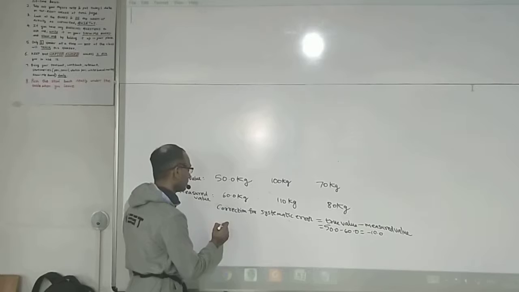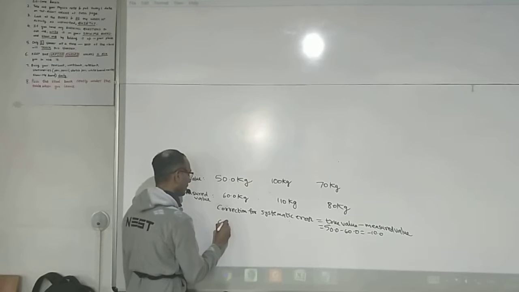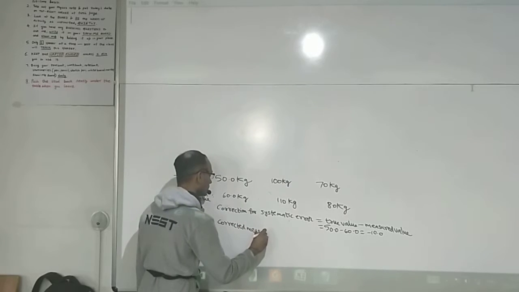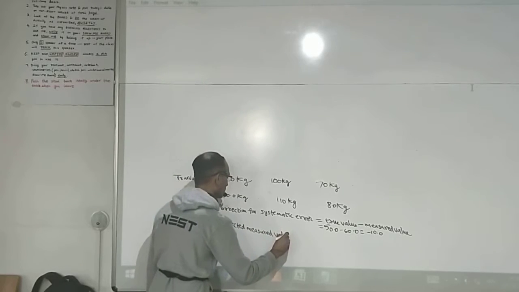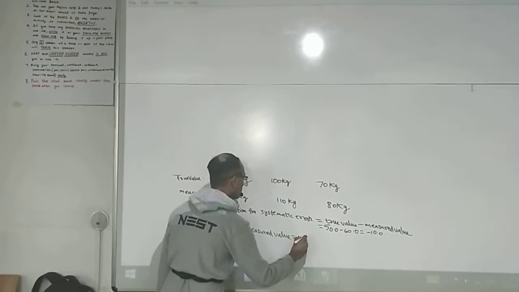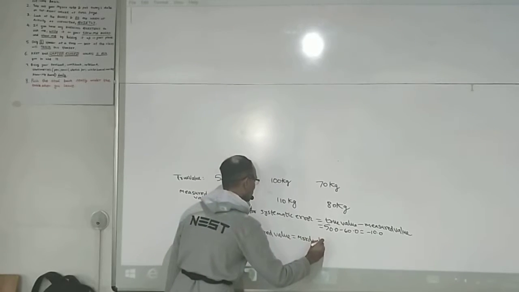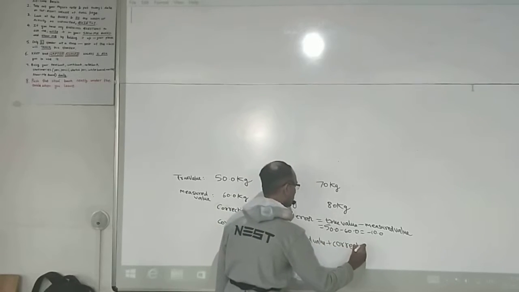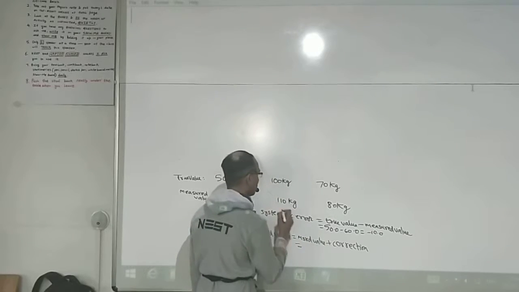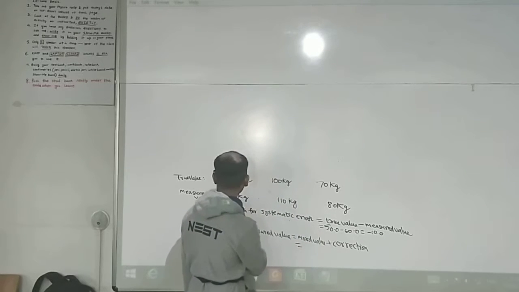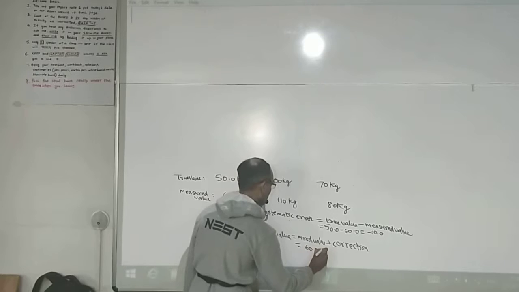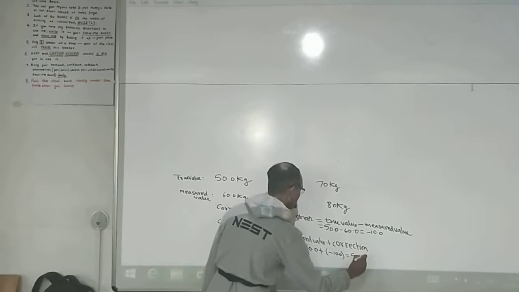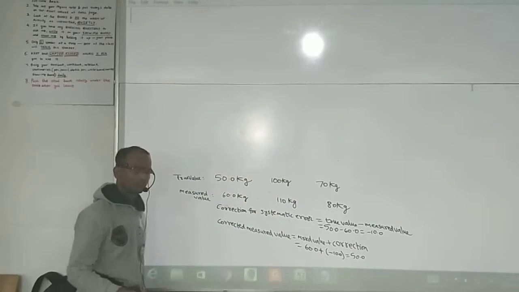So the corrected measured value would be measured value plus correction. In this case, measured value was how much? 60. Plus the correction, minus 10, which is 50.0, which is the true value.